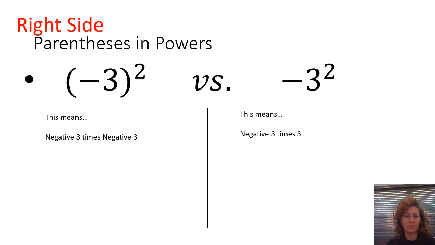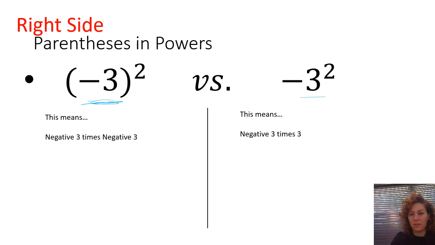Awesome. Okay, the last thing I want to talk to you about is the difference between if your base has a negative. If your base has a negative, there's a big difference if it's in parentheses or not in parentheses. Okay, so let's look at the left side where your actual base is in parentheses and there's a negative inside the parentheses.